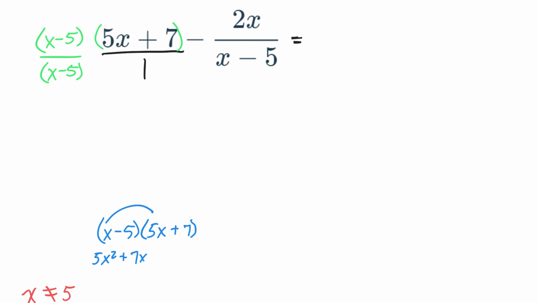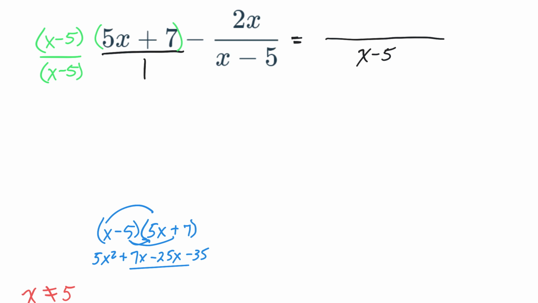X times 7 is 7x. Negative 25x. Negative 35. Got two like terms here, so now I'll rewrite. My common denominator is x minus 5, by the way. And if you do this, you're not wrong. You just wasted a little bit of your time, and that's okay.